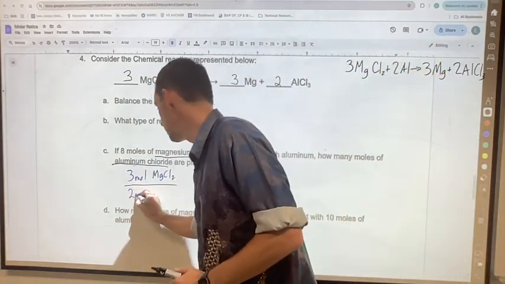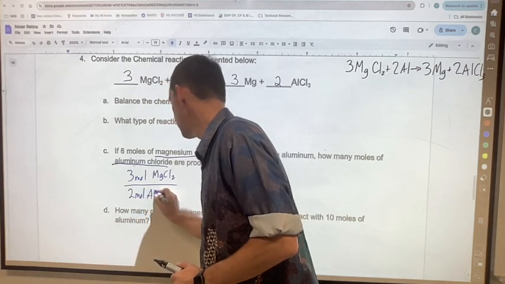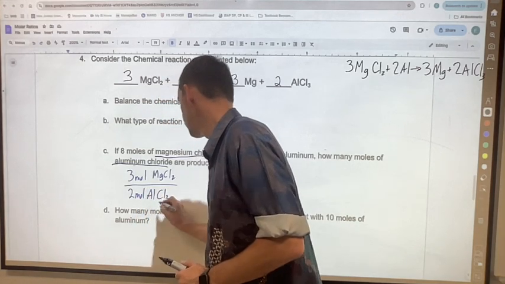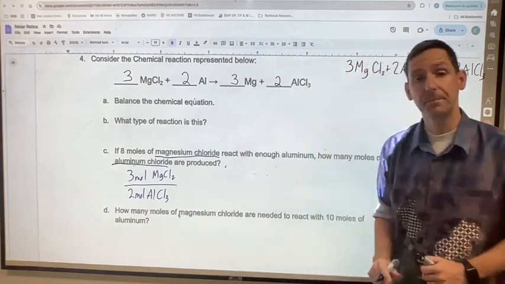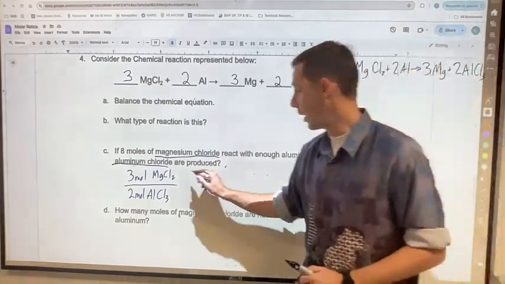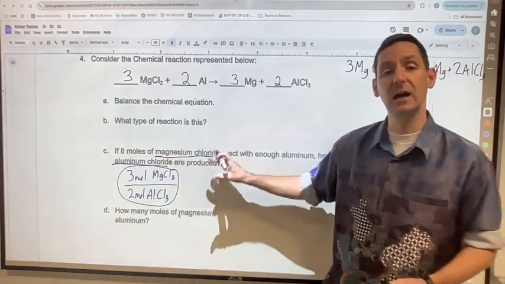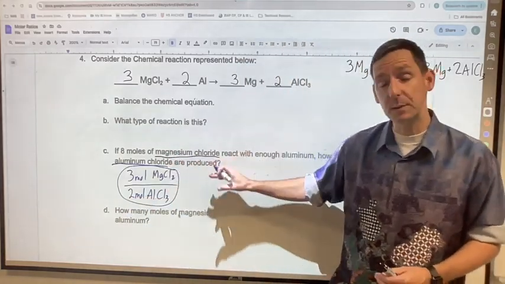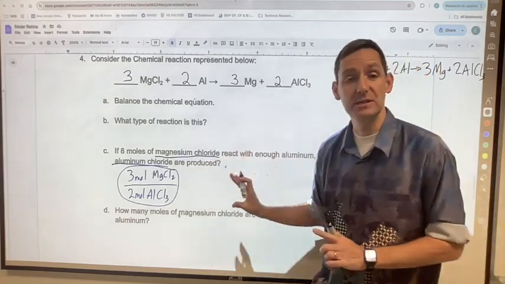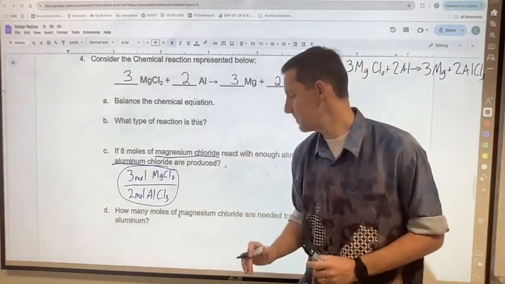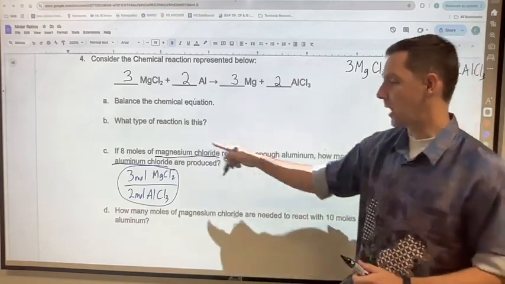So 2 moles of AlCl3. That's my mole ratio. All right, so I'm not actually working any problems yet. I'm just recognizing that because of the molecules that have been given to me, I'm going to use that ratio right there. All right, now with that, we're now going to do the problem.